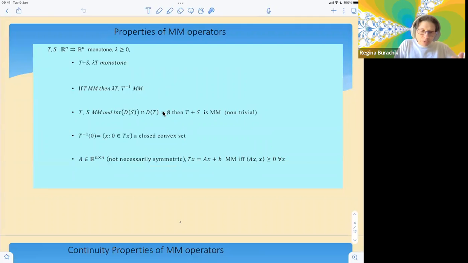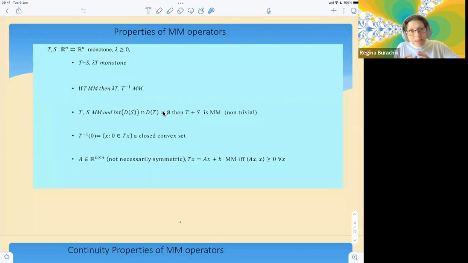So for example, if you take a non-negative multiple, you are still monotone. And if you take the sum of two monotone operators, you are still monotone. Not necessarily maximally monotone. So if you take two operators which are maximally monotone, you need some kind of overlap between their domains in order to be able to conclude that the sum of these two is going to be maximally monotone.